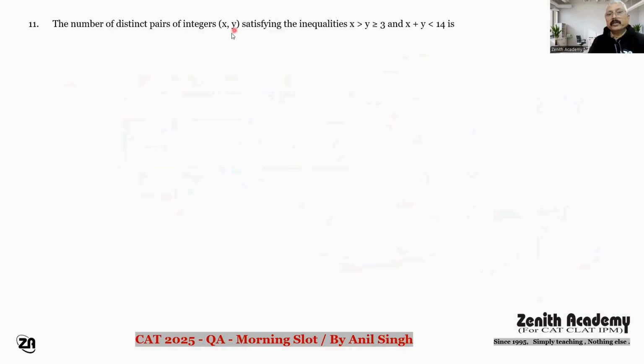Number of distinct pairs of integers x, y satisfying the inequality x greater than y greater than or equal to 3 and x plus y less than 14. Okay, so here x is greater than y and y is greater than or equal to 3. And the second inequality is x plus y is less than 14. And here x and y are integers, distinct pairs of integers.